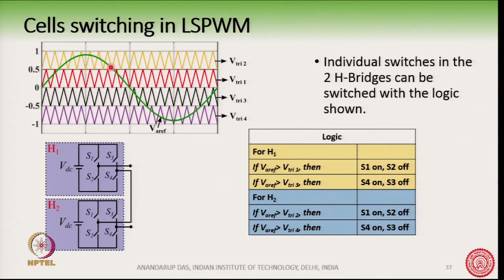So, we can see here that if I see switch S1, then here it is doing this on off, and then S1 completely is turned on here. S1 becomes completely turned on in this portion, because this is S1 in H1.